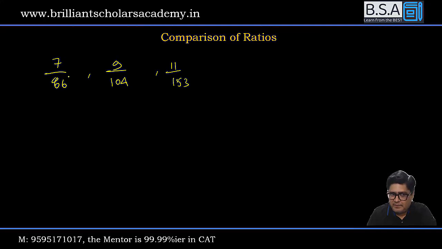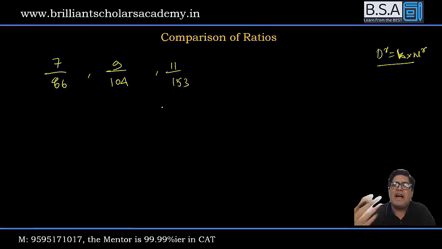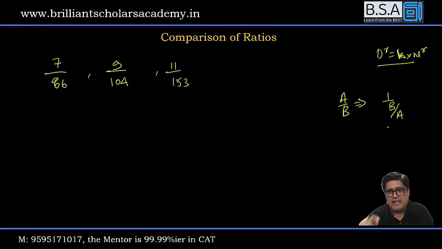Whenever you see the denominator is 9 times, 10 times, 12 times, the denominator is k times of numerator. In every case, denominator is a very large multiple of numerator. So what you do is you understand A upon B can be rewritten as 1 upon B by A. You can invert the ratio.